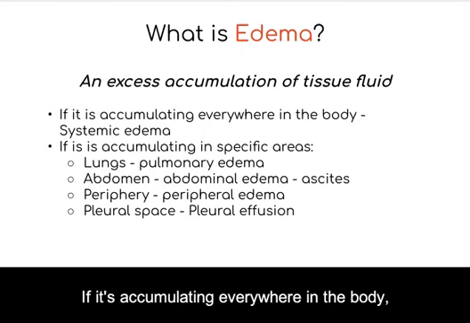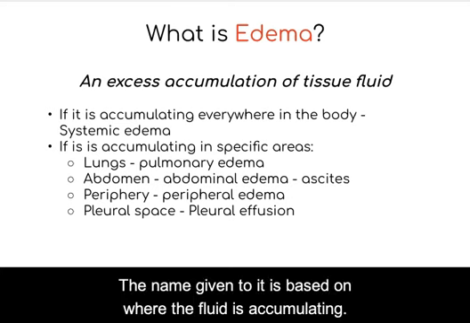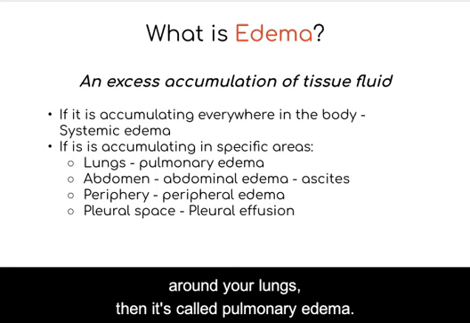If it's accumulating everywhere in the body, it's considered systemic edema. If it's accumulating in specific areas, the name given to it is based on where the fluid is accumulating. For example, if the fluid is accumulating around your lungs, it's called pulmonary edema.